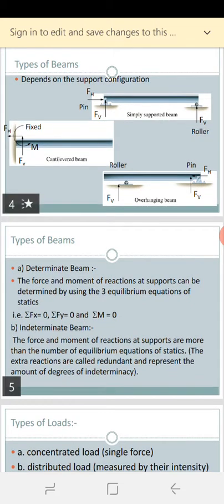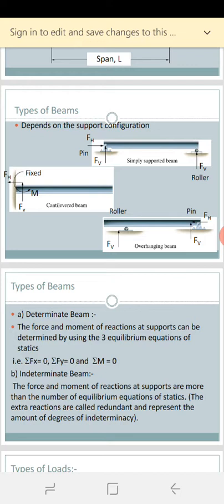Now overhanging beam. Here a single span overhang beam or double span overhang beam is also there, but here I am just mentioning only a single span overhang beam. Overhang means one end of the beam is extended from one of the supports. If you look at the roller support, the beam will be extended somehow.